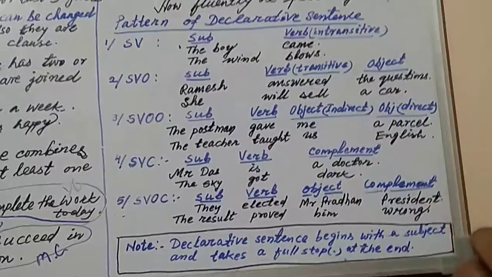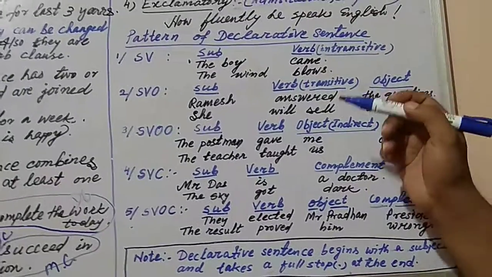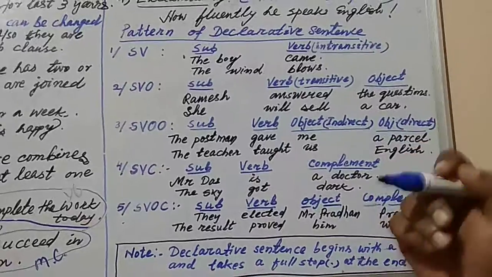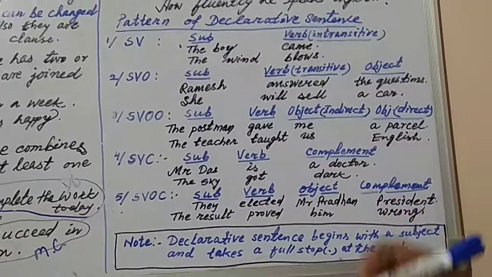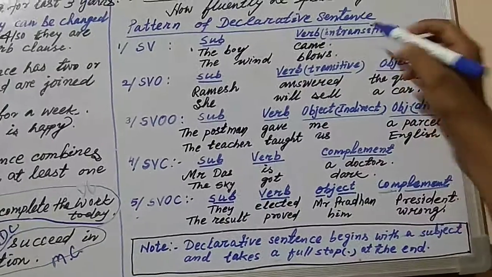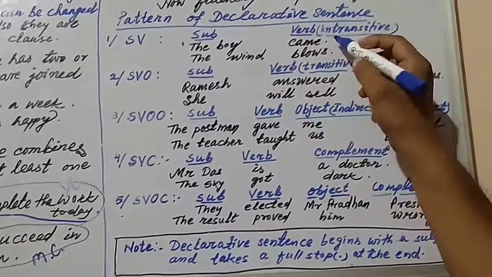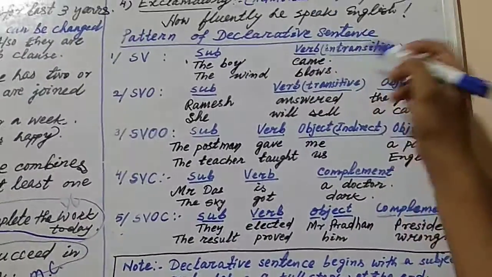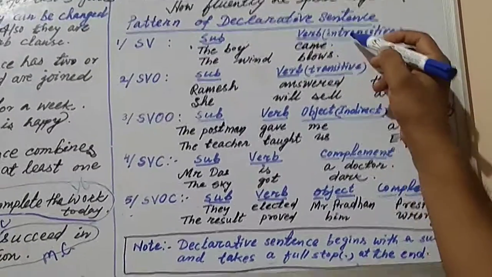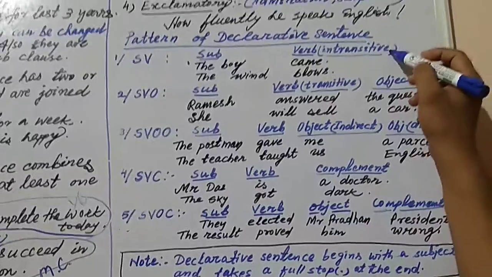What is intransitive? Dear students, intransitive means the verb which does not need any object. The verb not followed by an object is called intransitive. So the boy came means it is completed. There is no need of any object. This one is called intransitive verb.